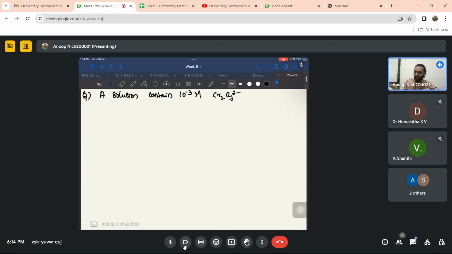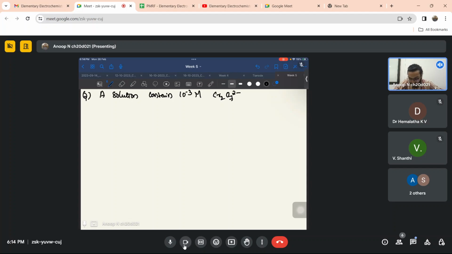Then we'll see multiple problems regarding conductivity as well as transport number. I'll also show how we regularly calculate the transport number in our lab. That's additional knowledge, not for exam point of view, but how, for a lithium ion battery using a polymer electrolyte, we can calculate the transport number. I will show that with an example problem.